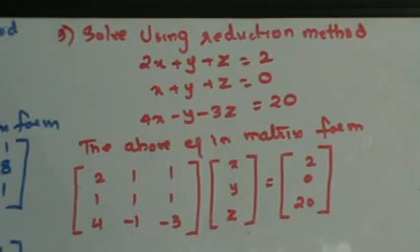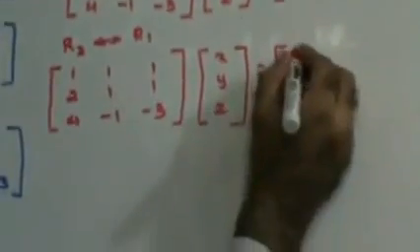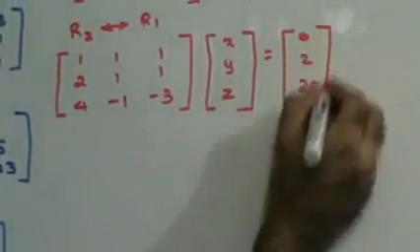Now I need to have the number in the first position as 1. So I'll interchange R2 and R1. If I interchange R2 and R1, I'll get [1 1 -1; 2 1 1; 4 -1 -3] times [x y z] equals [0 2 20].